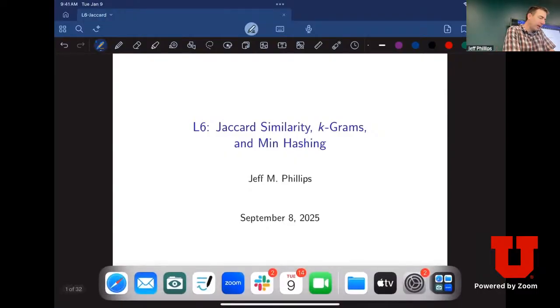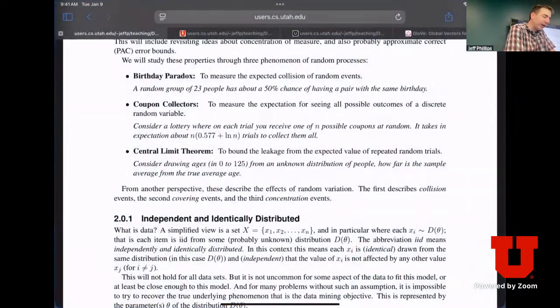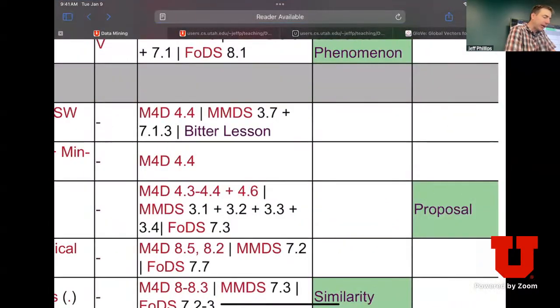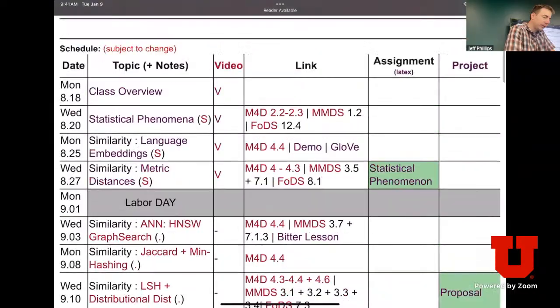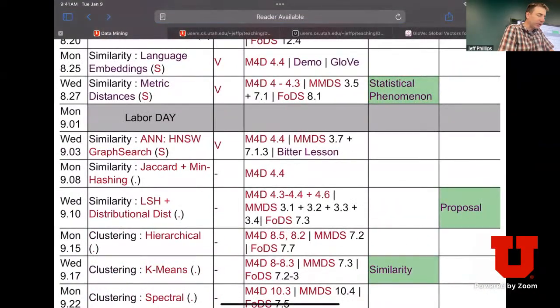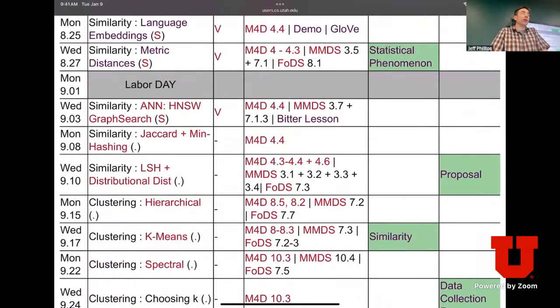Before we get started, I wanted to review the schedule. Your proposal is due on Wednesday. There's a Google Doc where you can fill stuff out. We've been filling out the group teams in there.